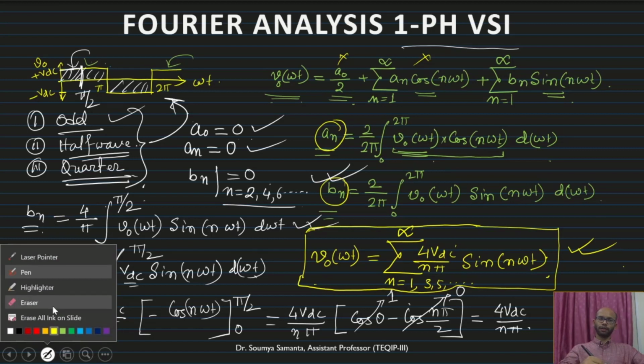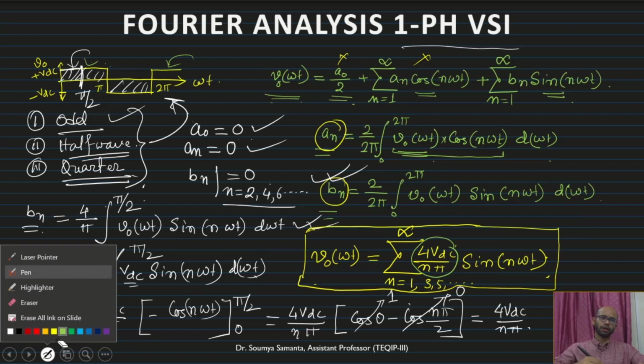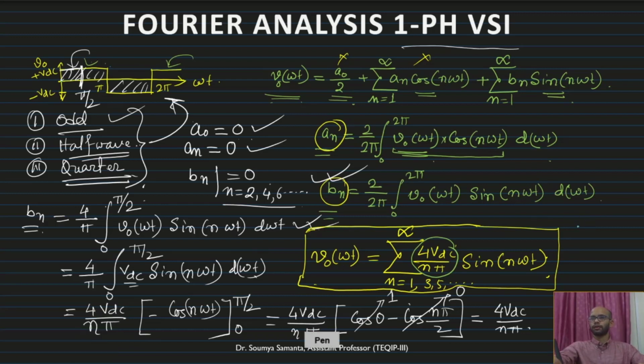Now here if we see, this is Vm, the peak voltage. This is the maximum value or peak voltage. Now if we want to find out, suppose, the RMS value of this one, suppose V1 RMS, this is the V1.